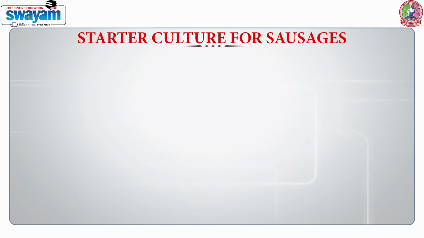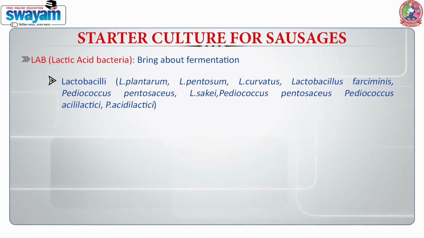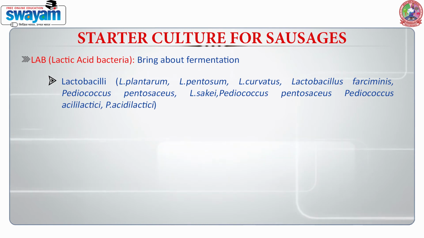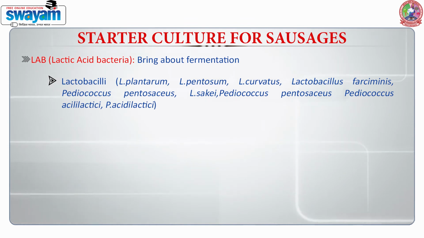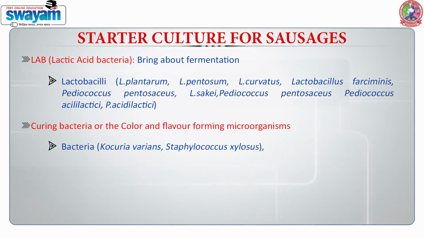The prime starter culture organisms are lactic acid bacteria, which bring about the fermentation, and the prominent organisms are lactobacilli, Lactobacillus plantarum, Lactobacillus pentosus, Lactobacillus curvatus, Lactobacillus farciminis, Pediococcus pentosaceus, Pediococcus acidilactici, etc. Curing bacteria for the color and flavor forming organisms are bacteria of Staphylococcus and Kocuria species.